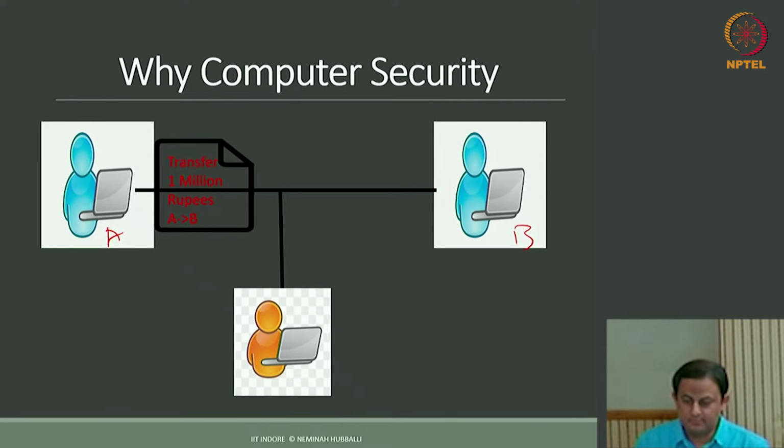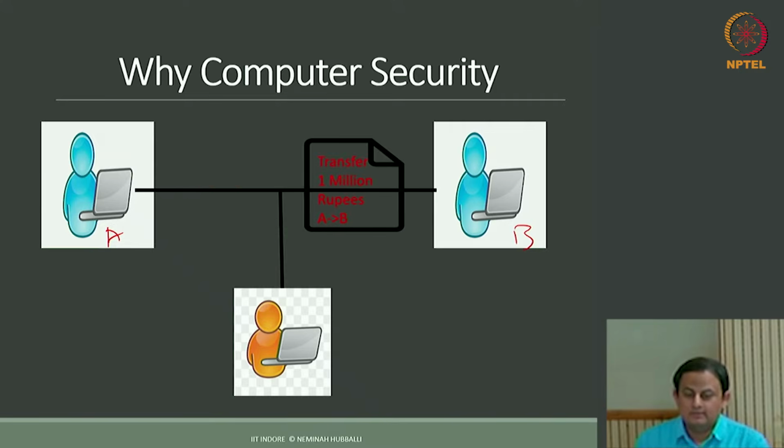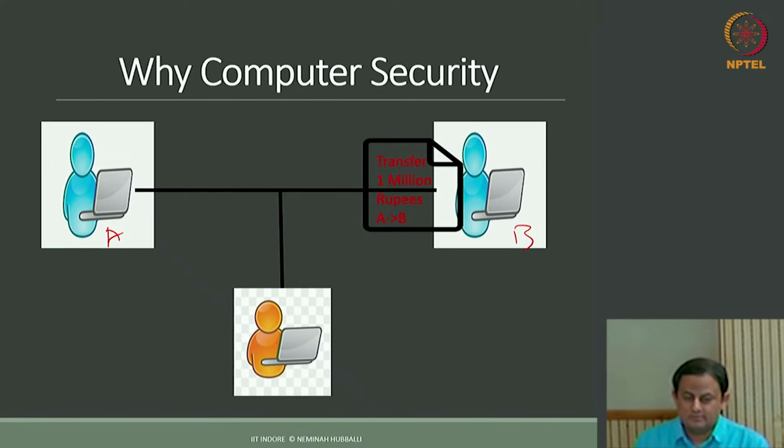Or you can think of even a file transfer between A and B. In the network, this file can move and then it reaches B. So this is a valid transaction, the movement of this file is valid in that sense.